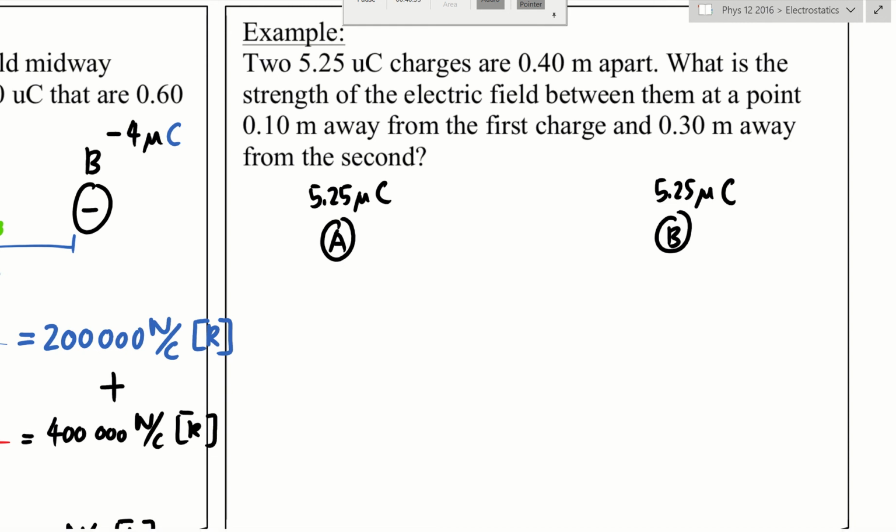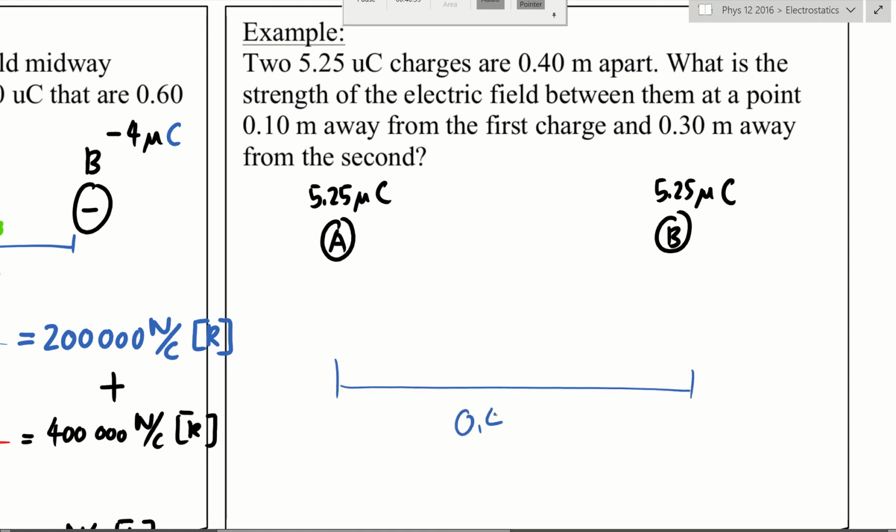All right, we have to figure out distance. I will erase these later on, but for now, let me put it in. 0.4 meter here. What is the strength of the electric field at the point that is 0.1 meters away from the first charge? So here, 0.1 meters, like here.